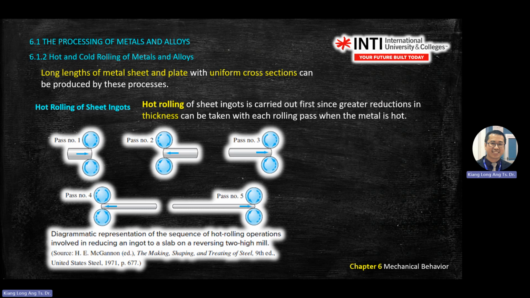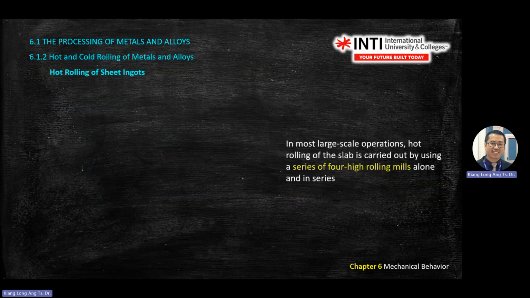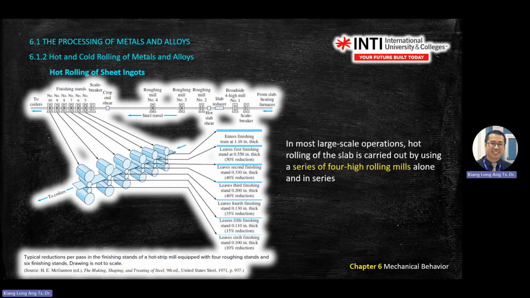You have two types of rolling: cold rolling and hot rolling. Hot rolling is when the metal is hot. The word ingot, if you go to industry, means the raw material that you put inside the roller or the press. This is an industrial process where people produce a metal sheet.